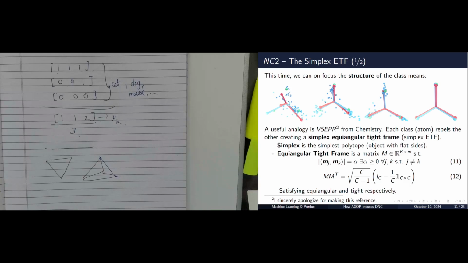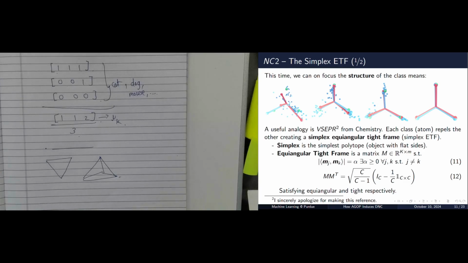A standard simplex ETF has the following structure. This is the matrix of ones, so it's C times C, 1 everywhere, divided by C, so it's 1 over C everywhere now, and this is your identity matrix. That whole thing is then multiplied by the root of C over C minus 1. What is C? C can be anything, it is just the number of dimensions for the simplex ETF.